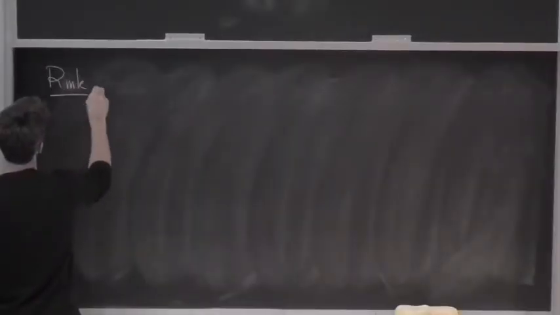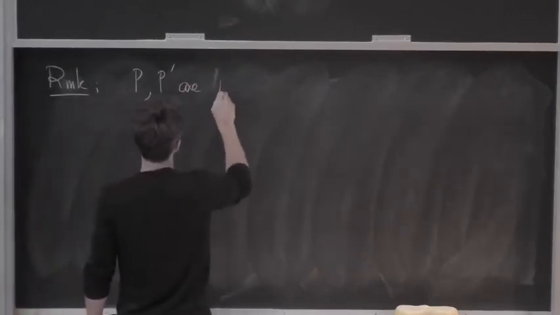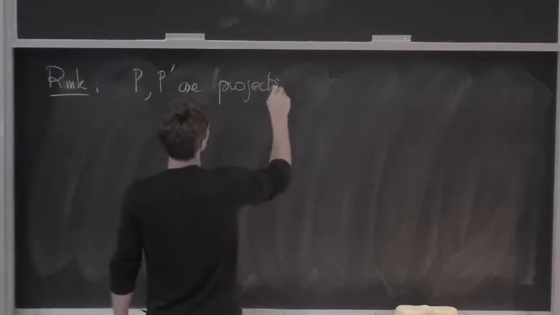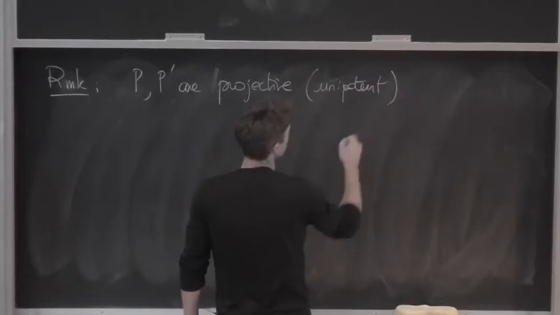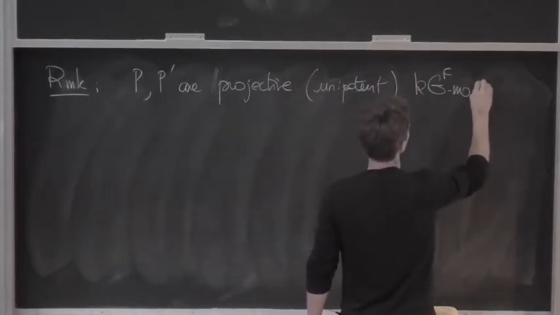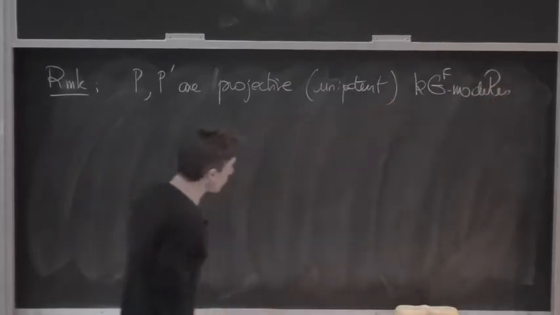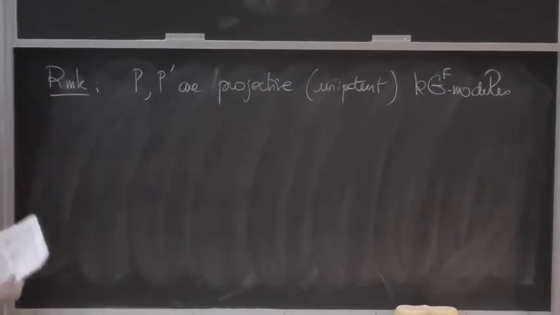If P and P prime are projective modules, I would say unipotent, so lying in the unipotent block, kG-modules. We've seen, during the first talk, that when you lift to characteristic 0 and consider its character, it actually gives you an injective map in the Grothendieck group.